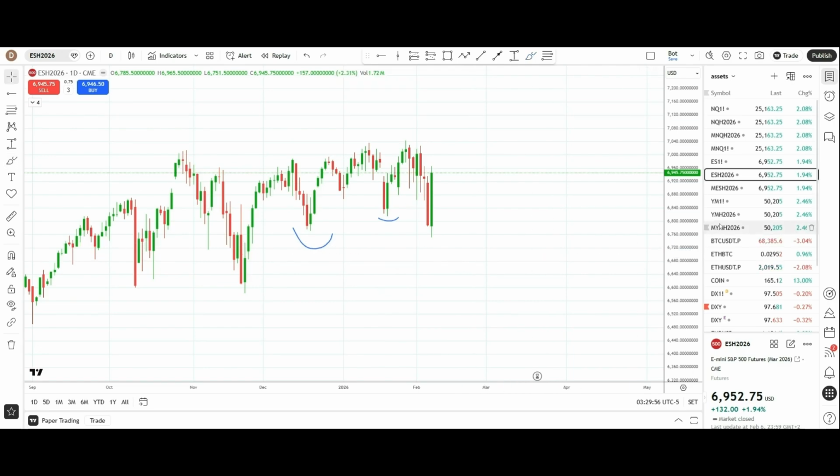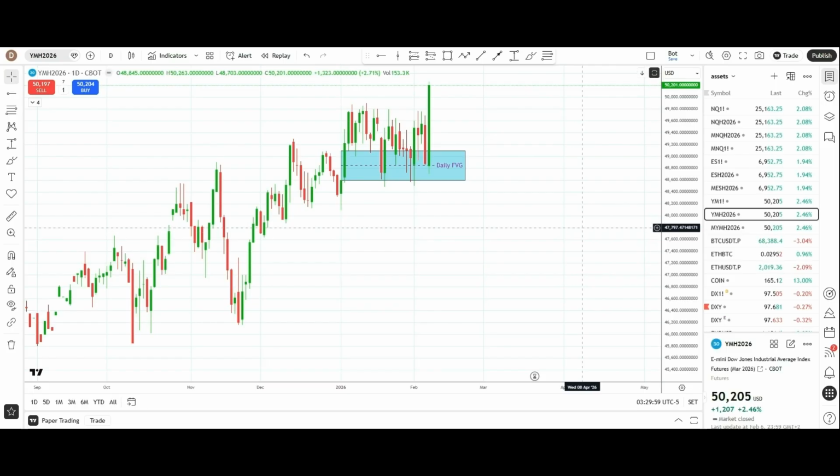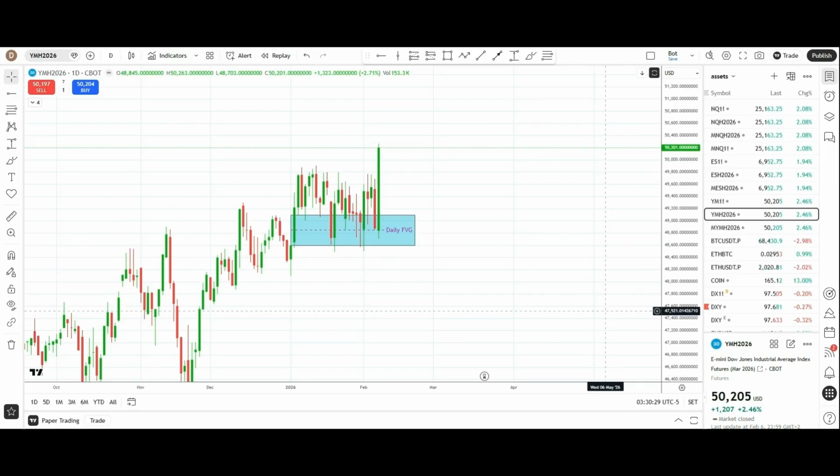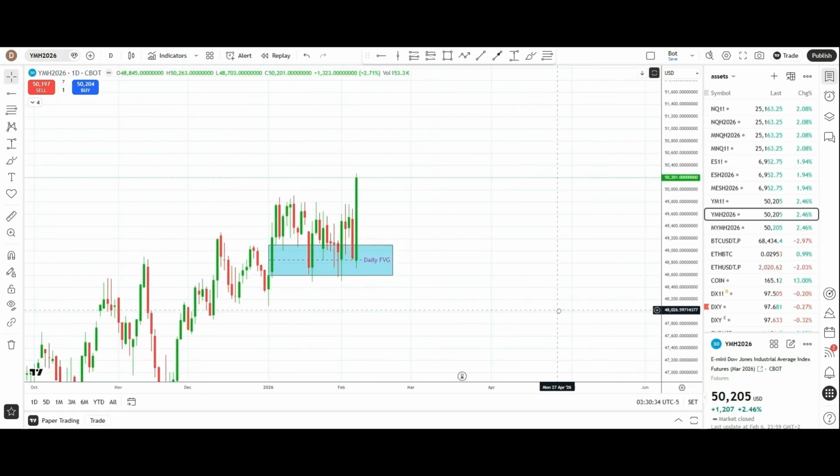And Dow Jones is even more decorrelated. It made a new all-time high on Friday. It stayed above this daily fair value gap since basically the beginning of this year, and it bounced, but without any conviction, neither on the upside nor the downside. But eventually, it made a decision to have a strong close of the week, and it made a new ATH.